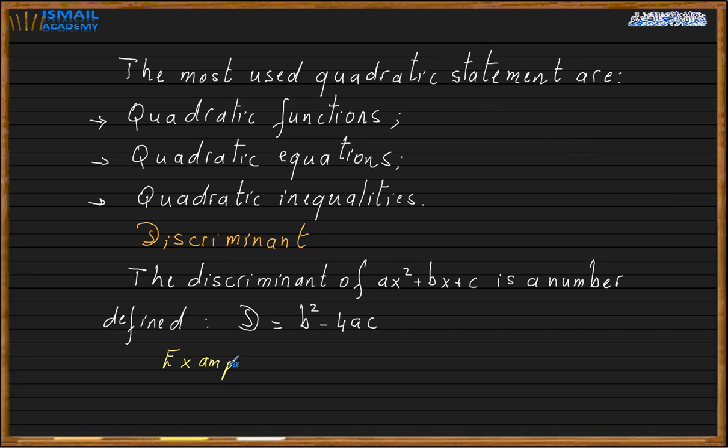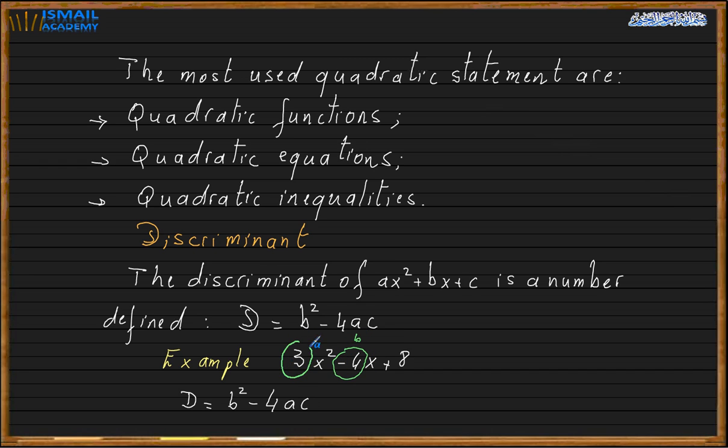For example, if I want to find the discriminant of 3x squared minus 4x plus 8, like I said, D is b squared minus 4ac. Keep in mind b is the coefficient of x, always keep the sign.